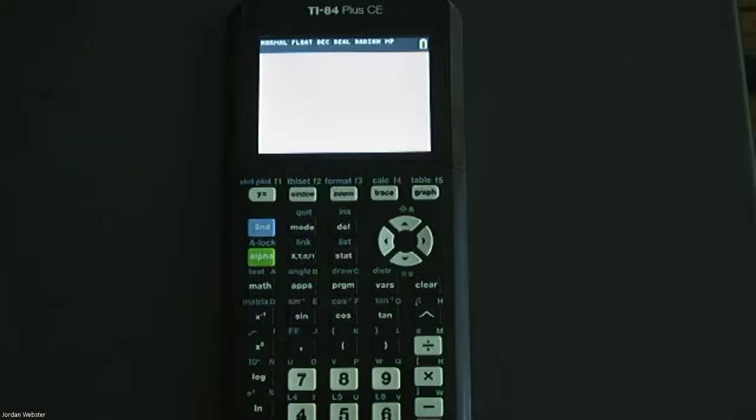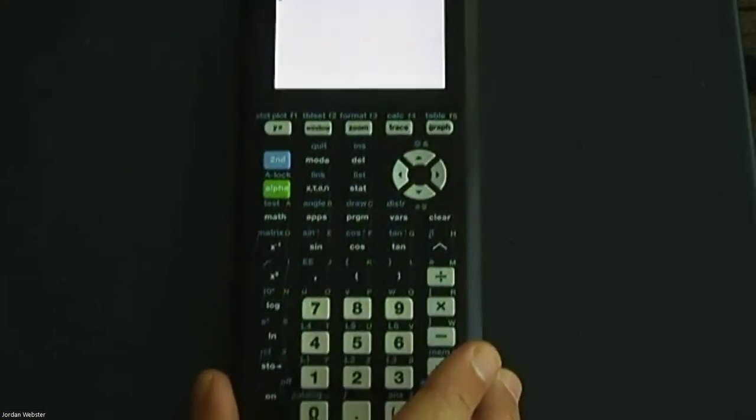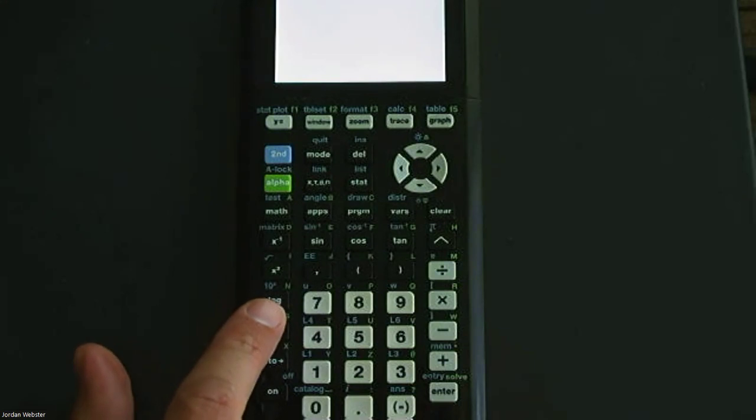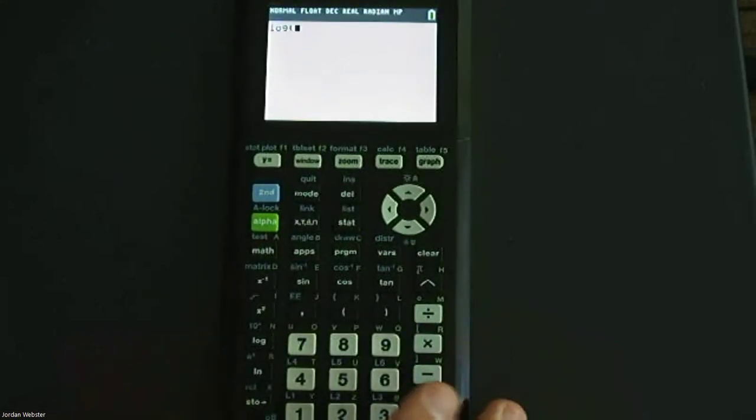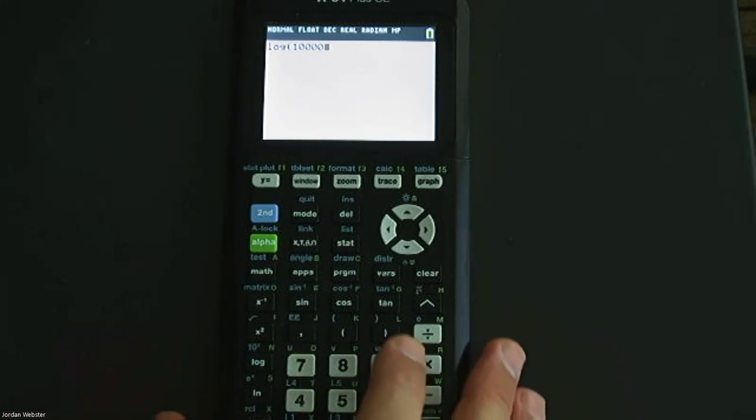Here we are on the calculator. So we're going to do those log equations. The first one is log of 10,000. On the calculator, the log base 10 button is right next to the 7. So I just push that and then enter 10,000.